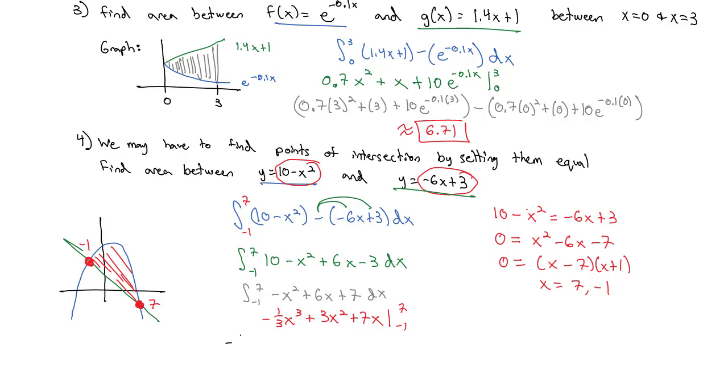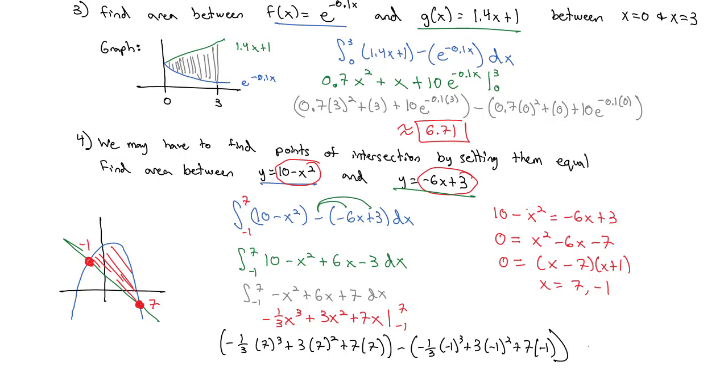So plugging that in, we've got negative 1/3 times 7 cubed plus 3 times 7 squared plus 7 times 7, all of that in parentheses. And then we subtract the next one, plugging the negative 1 in. Negative 1/3 times negative 1 cubed plus 3 times negative 1 squared plus 7 times negative 1, closing the overall parentheses.